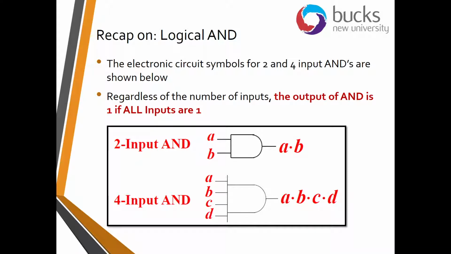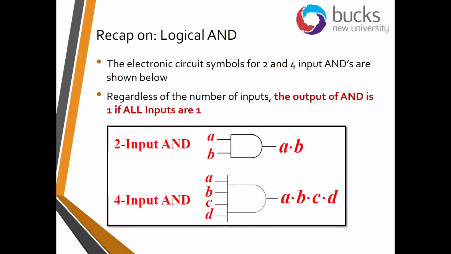We can also see here, again, logical AND. The electronic circuit symbols for 2 and 4 input ANDs are what we're seeing here below. They look like squares with a rounded side on one side. So we see a 2 input and a 4 input AND gate electronic circuit symbol.